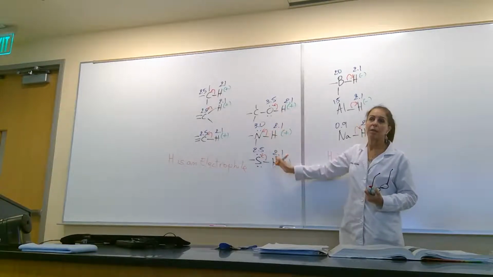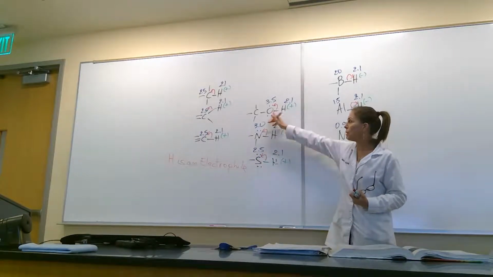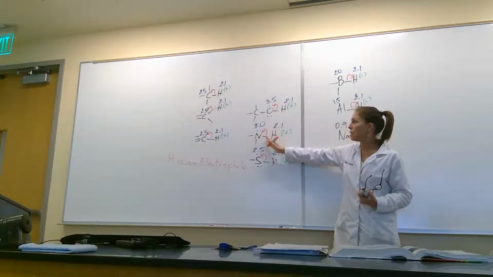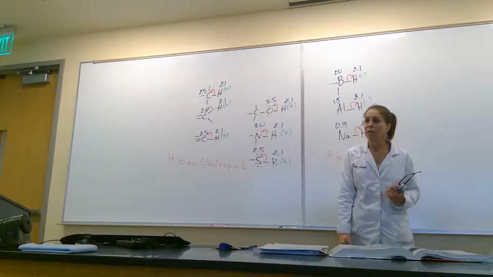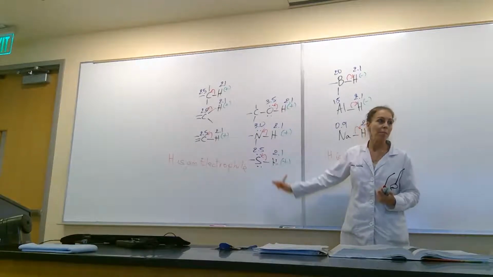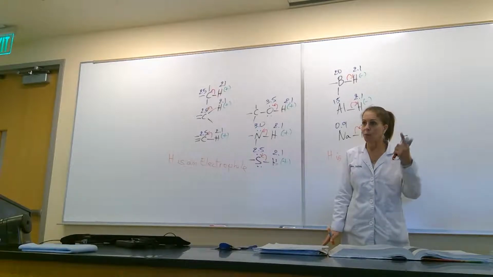You agree? But can we use this in terms of electronegativity difference? No. Because they're all the same. No. It's not because they're too close. Between the carbon and oxygen, these are in the same period. So remember, if they're in the same period, we use electronegativity difference. But if they're in the same column, same group, you use that.